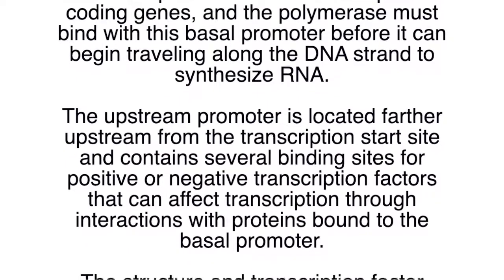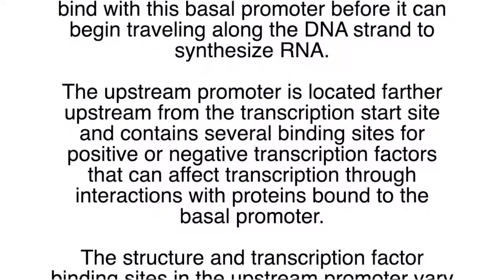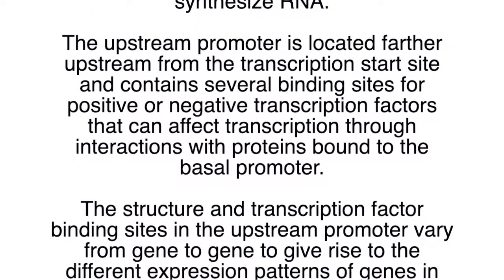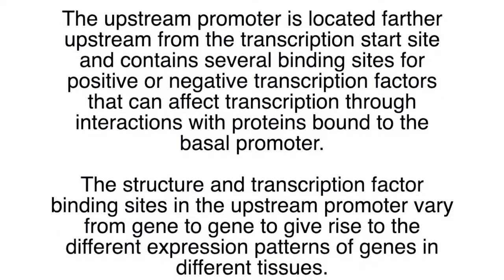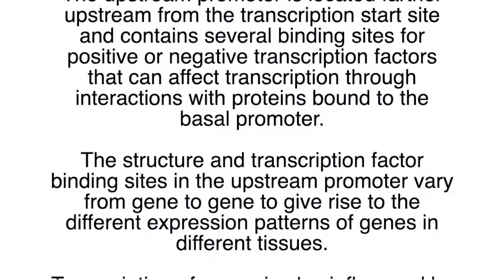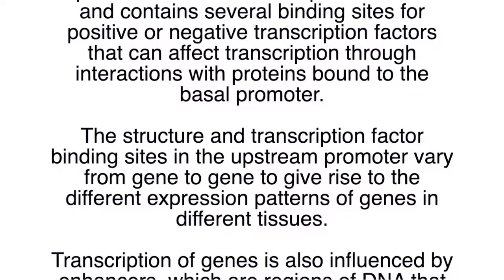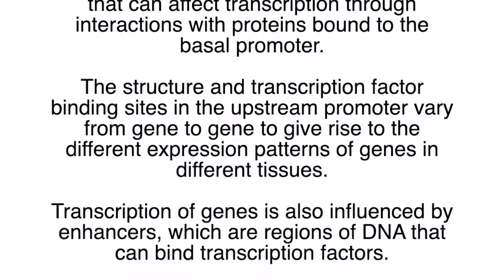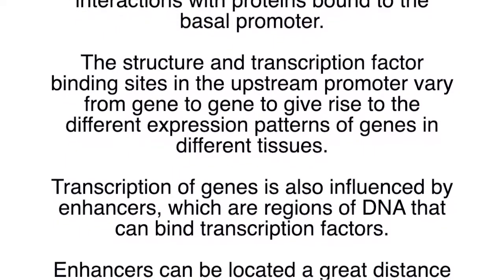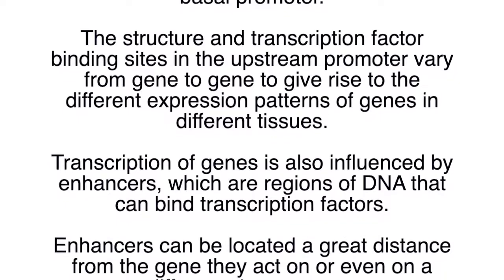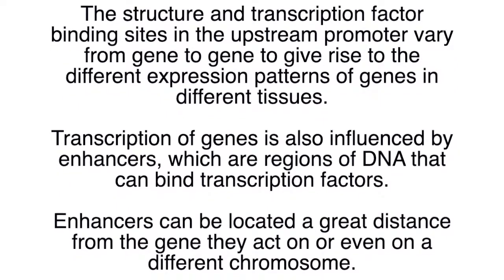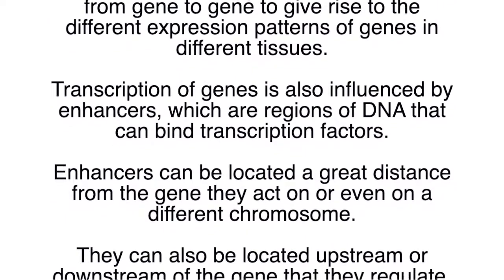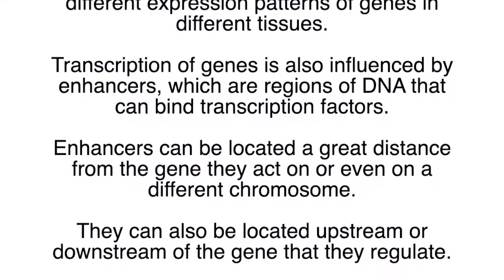The upstream promoter is located farther upstream from the transcription start site and contains several binding sites for positive or negative transcription factors that can affect transcription through interactions with proteins bound to the basal promoter. The structure and transcription factor binding sites in the upstream promoter vary from gene to gene to give rise to the different expression patterns of genes in different tissues.